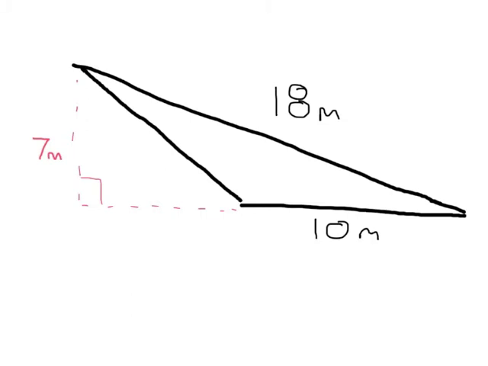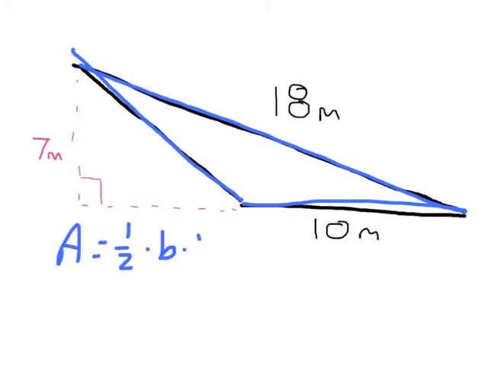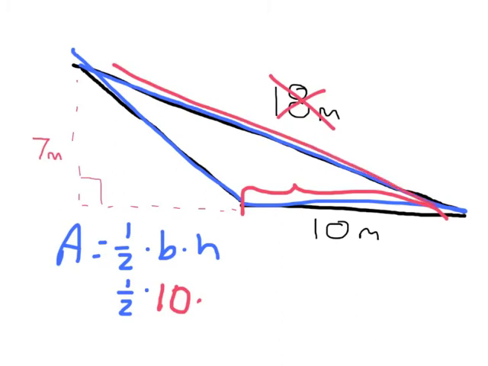Here's another one. We have a triangle here, and we do the same as last time. Just make sure that we work very carefully. The area is going to be equal to 1/2 times the base times the height. We've got 1/2 times the base. Now the base is going to be the bottom of this triangle, 10, times the straight up and down distance, the height of it, not the 18, that's the slanted length of that triangle side.